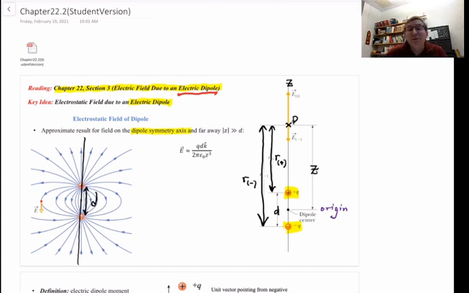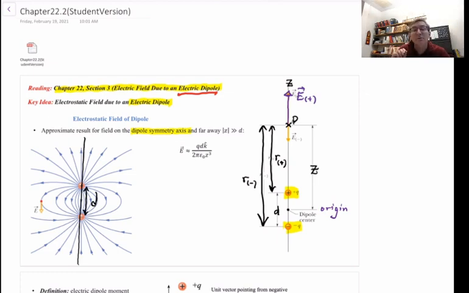The positive charge is closer to point P, and so it creates a larger electric field that points away, like that, right? Because the field from a positive charge points away from it. And they call that E plus. That's a contribution to the total field from the plus charge.